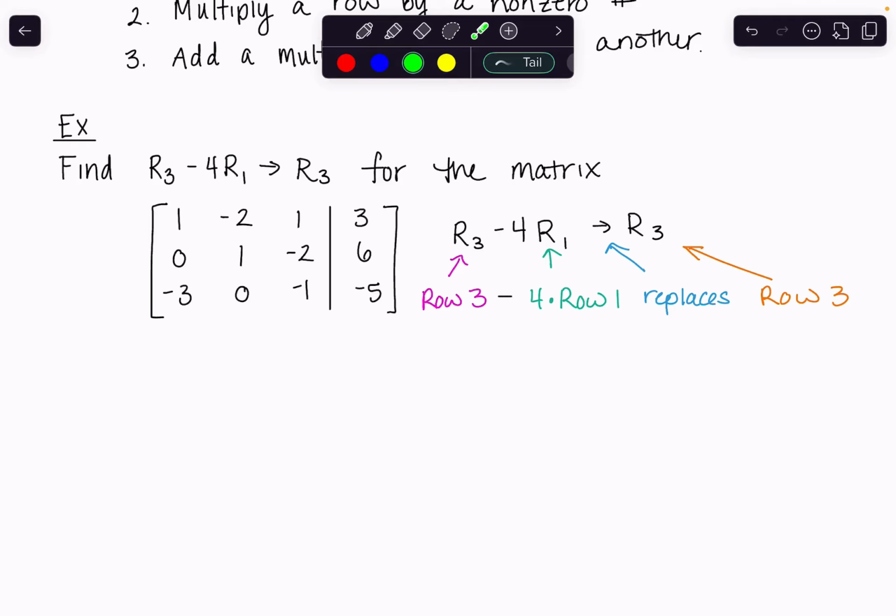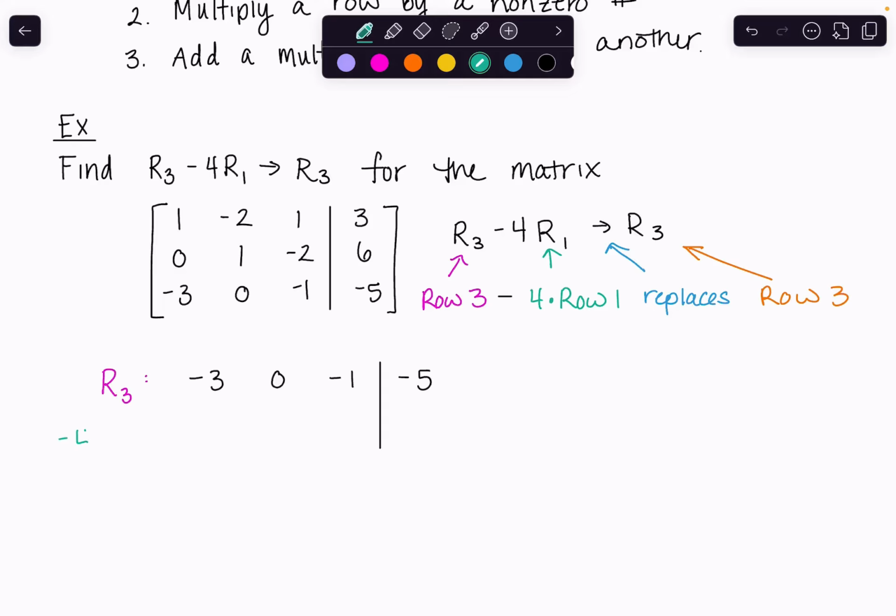So the way I like to go about these is it's kind of like addition or subtraction in this case. I'm going to start by writing what is my row 3. So row 3 is going to be -3, 0, -1. And then I have that bar, so I'm going to replace that here. And then my constant is -5.